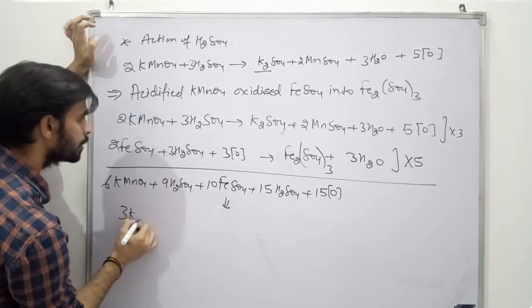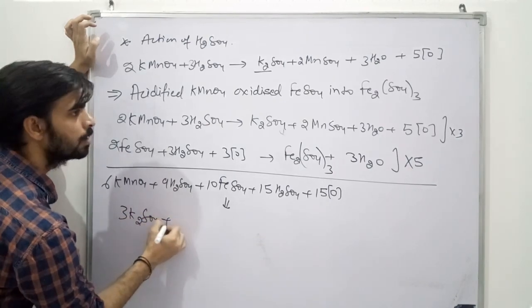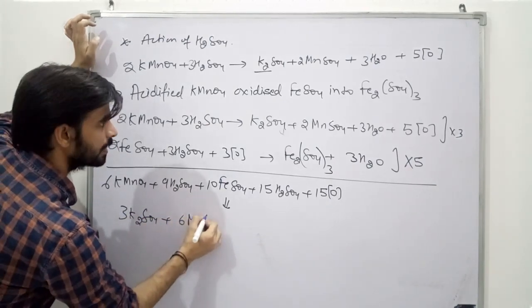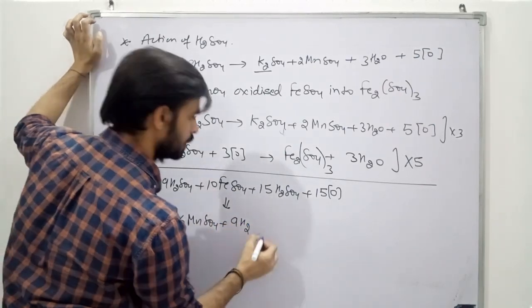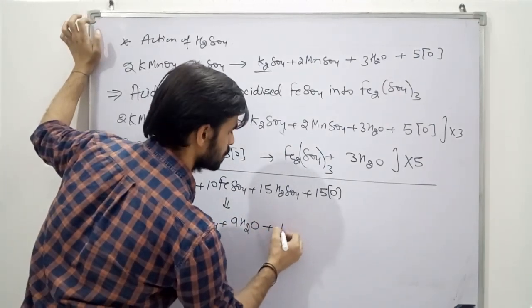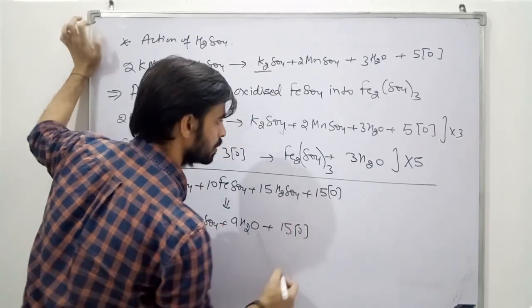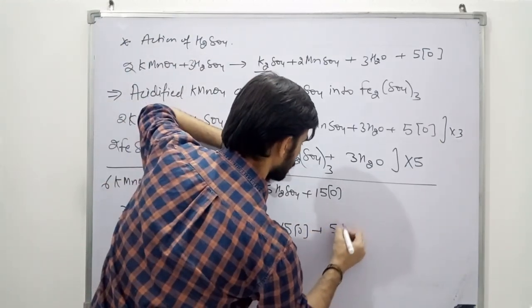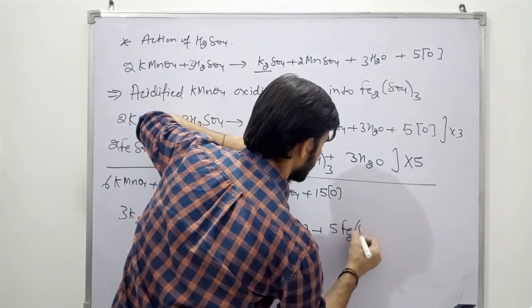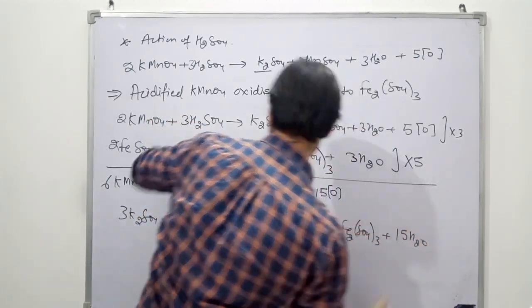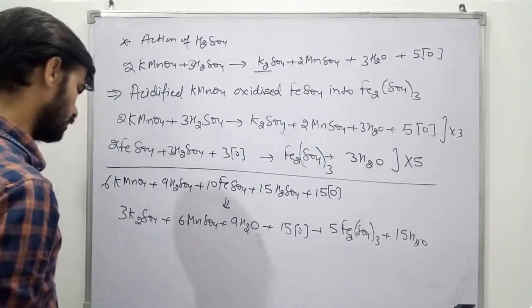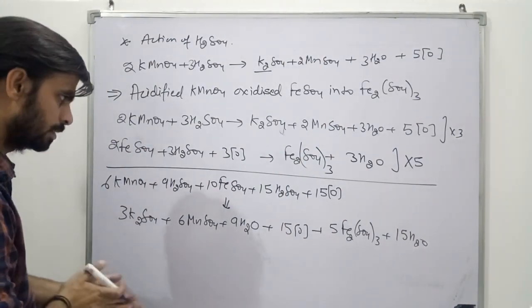3 times K2SO4 plus 6 times manganese sulfate, 3 times 3 is 9 H2O plus 15 nascent oxygen, plus 5 times Fe2(SO4) whole thrice plus 15 H2O. Now check what we can cancel.